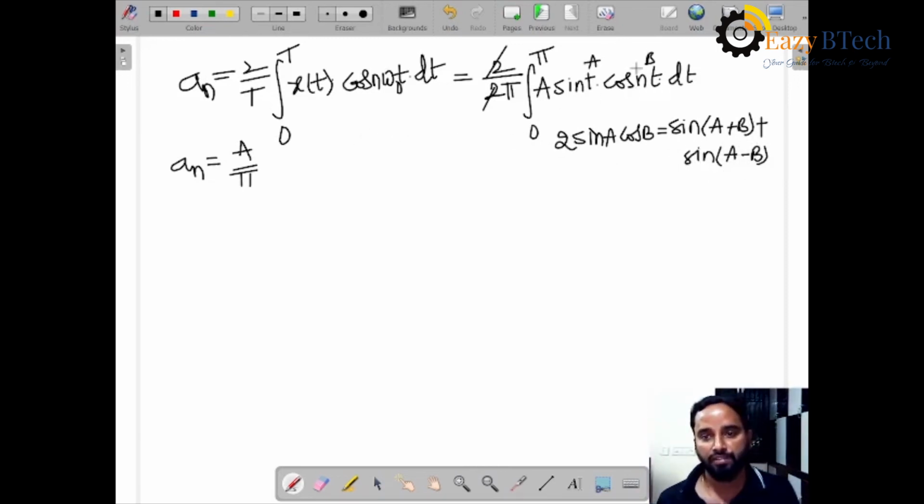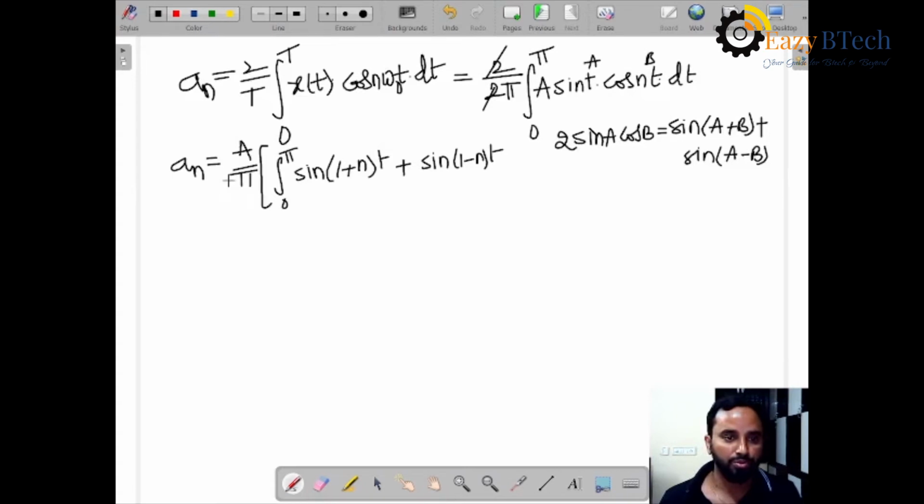In the same way, take the integral from 0 to pi. Here a is t, b is nt, so t is common: sin((1 plus n)t) plus sin((1 minus n)t), divided by 2. I am writing the 1 by 2 outside, then dt, integration the same.